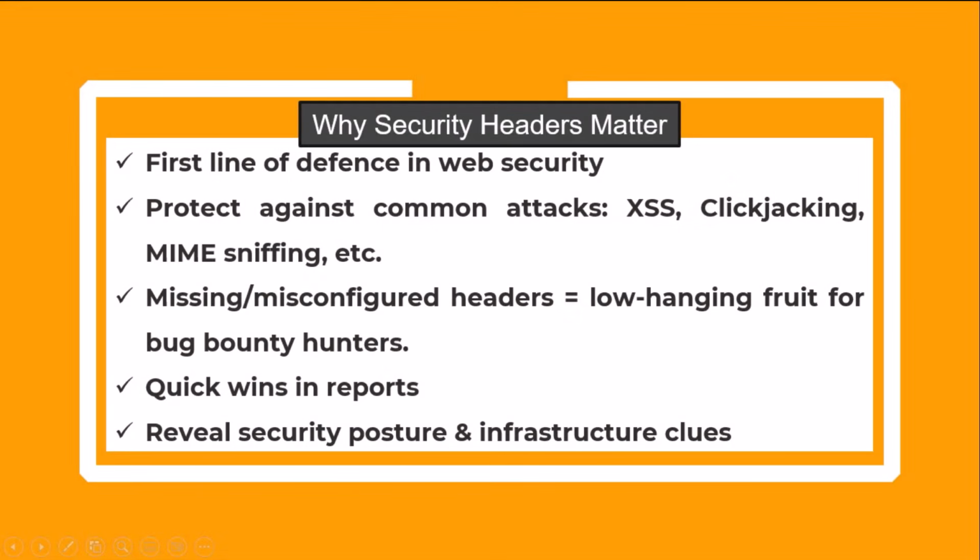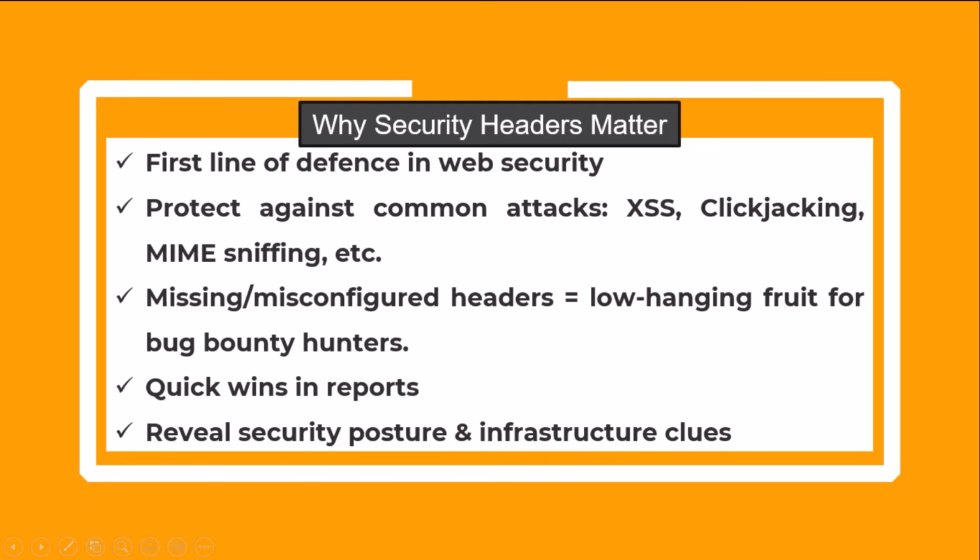So, why should we, as OSINT investigators, care about something as technical as security headers? First, they are a website's first line of defense. They are instructions the web server gives to your browser on how to behave safely. This means they help protect against common attacks like cross-site scripting, or XSS, clickjacking, and other nasty things.